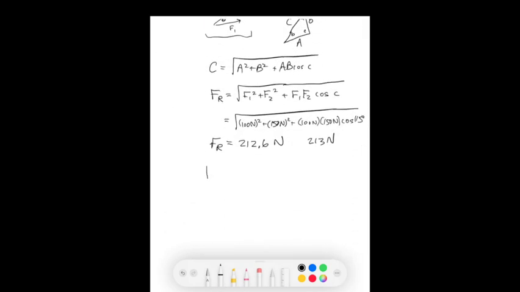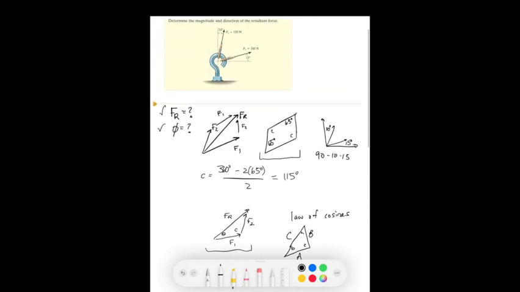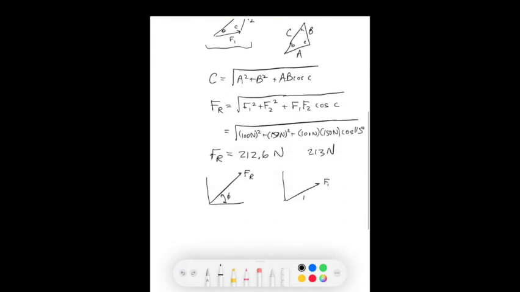And what we're defining here is that the force of the resultant is some angle phi. We know that force 1 is 15 degrees. Sorry, not 10 degrees, 15 degrees.